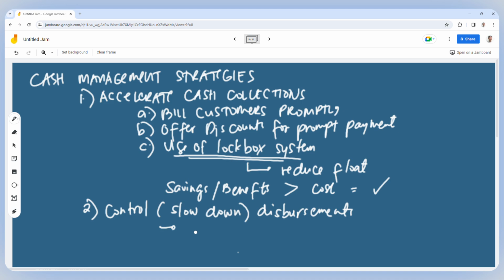So, class, don't get me wrong ha. Hindi ibig sabihin na hindi tayo magbabayad. Ang gagawin natin, maximize the credit terms, no? Ayan. Okay.